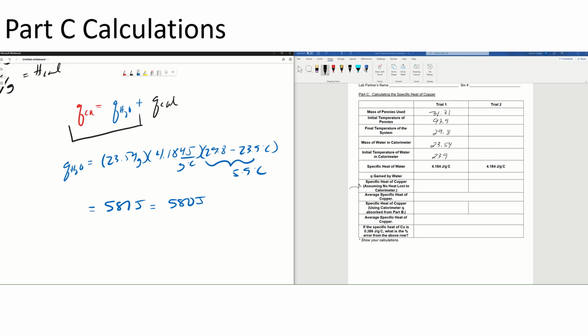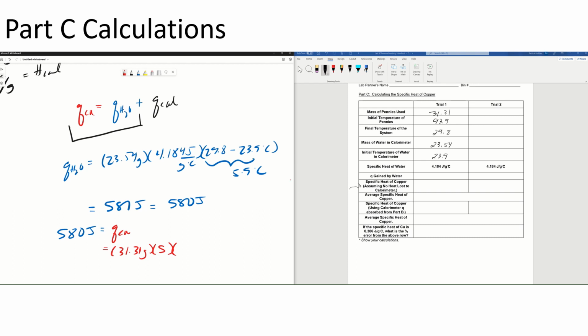And because we're going to assume the Q of the calorimeter is 0, that tells us that the heat we gained, this 580 joules from the water, has to equal the heat that was lost by the copper pennies. So now I know the mass of my pennies, I'm looking for S, and then I have a change in temperature.